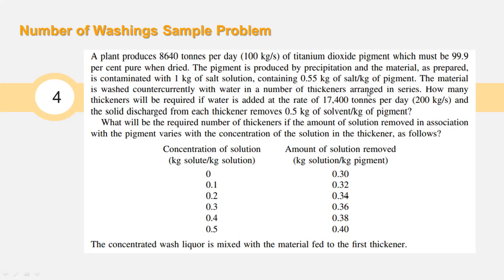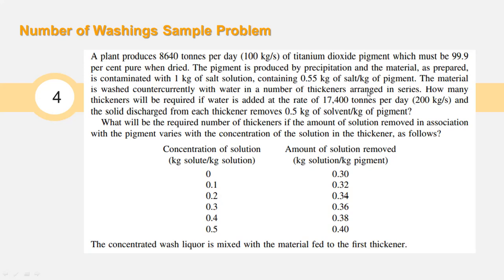The material is washed countercurrently with water in a number of thickeners arranged in series. How many thickeners will be required if water is added at a rate of 200 kilograms per second and the solid discharge from each thickener removes 0.5 kilogram of solvent per kilogram of pigment?